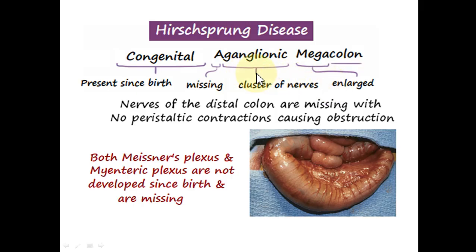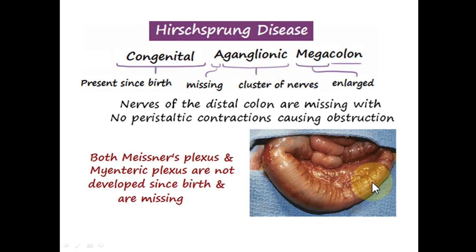And what happens is that the portion of the intestine above the obstruction, for example, if the ganglia are missing in the rectum, the sigmoid colon may become distended because the obstruction lies in the rectum. So the part of the intestine above the point of obstruction becomes enlarged and distended, and we say it is a megacolon.